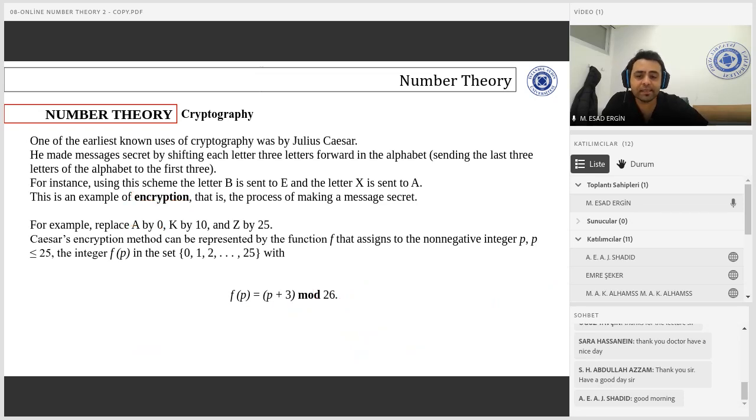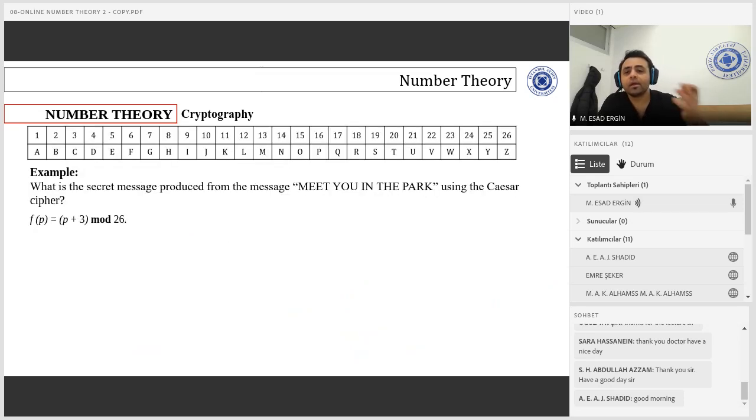So what did Julius Caesar's logic do? What should we do, for example, here with this one: what is the secret message produced from the message "Meet me in the park", using the Caesar cipher method? So now we are going to make it a secret.